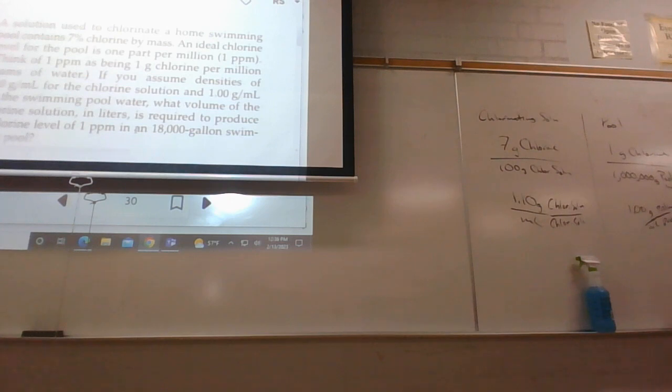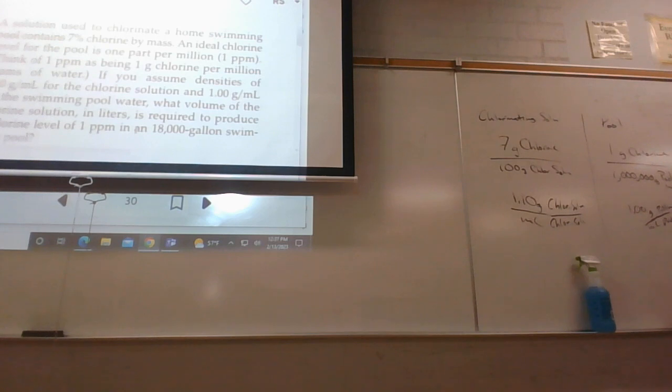The volume of the swimming pool is extensive. The volume depends on the amount. So what else is extensive? Mass. How much something weighs depends on how much. The density? No. The mass? Yes. The volume? Yes. Extensive. And so, this is it. So our given is this. This is our given.